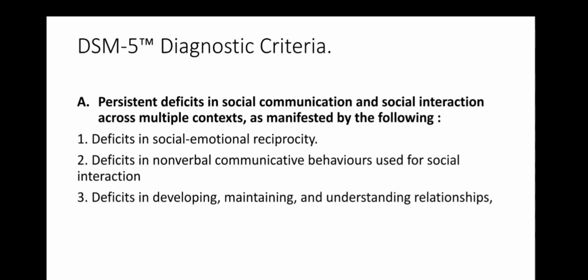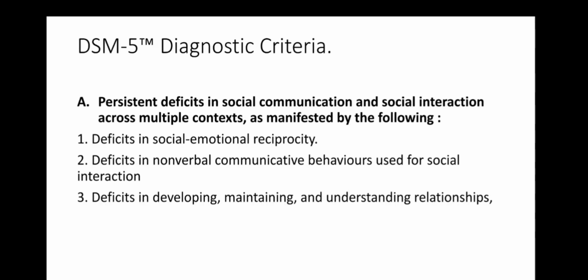1. Deficits in social emotional reciprocity, ranging for example from abnormal social approach and failure of normal back and forth conversation, to reduced sharing of interests, emotions, or affect, or failure to initiate or respond to social interactions. 2. Deficits in nonverbal communicative behaviors that are used for social interaction.